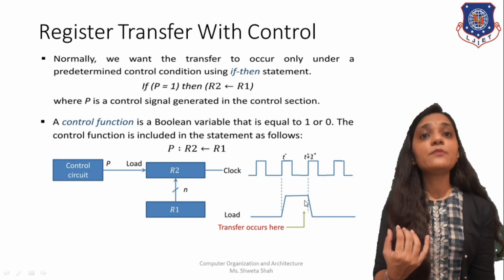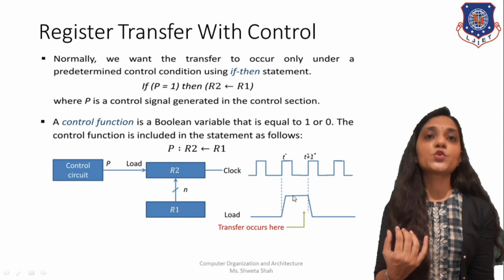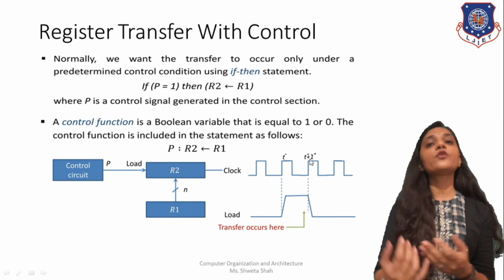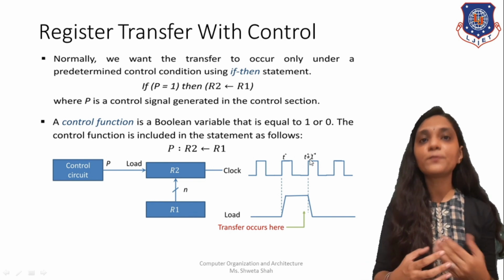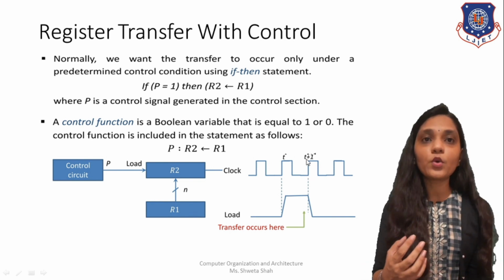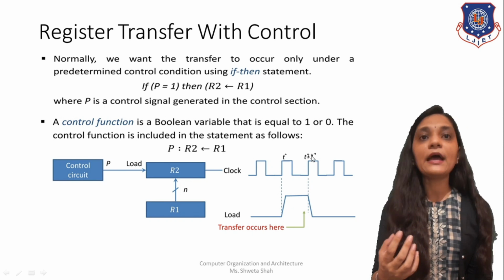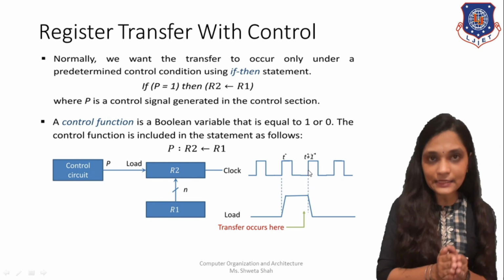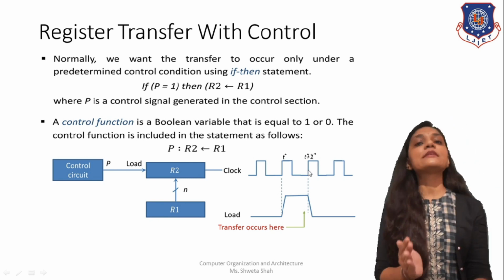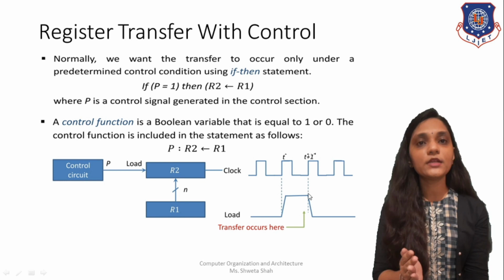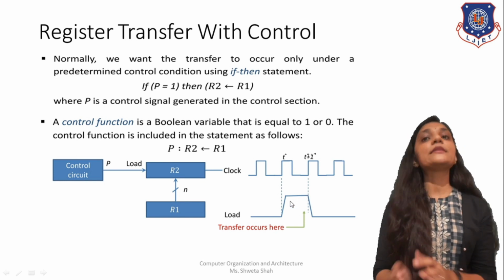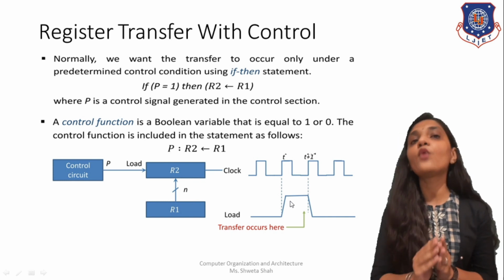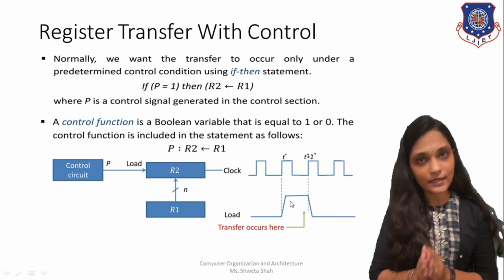So when you get this load signal, that means P is 1, at that time the transfer will take place. If it is 1 and you get the rising edge of the clock, as all tasks in a digital system complete on the clock, whenever you get the P bit as 1 and the rising edge of your clock, you complete this task. So this transfer will take place over here. This way you can conditionally transfer the content of one register to another register.